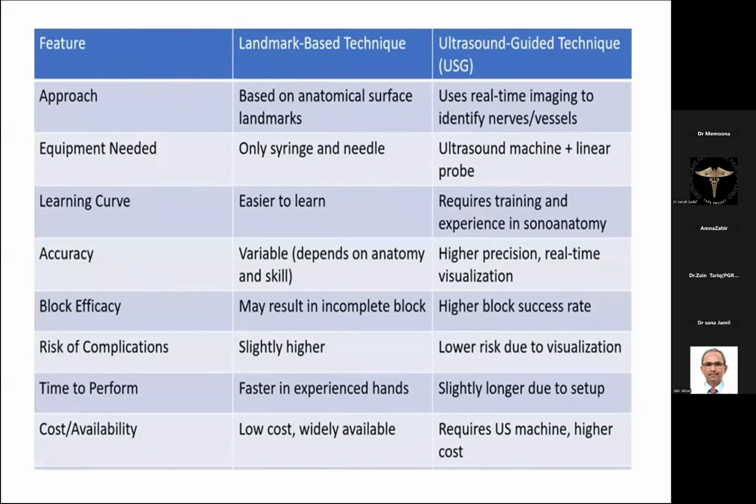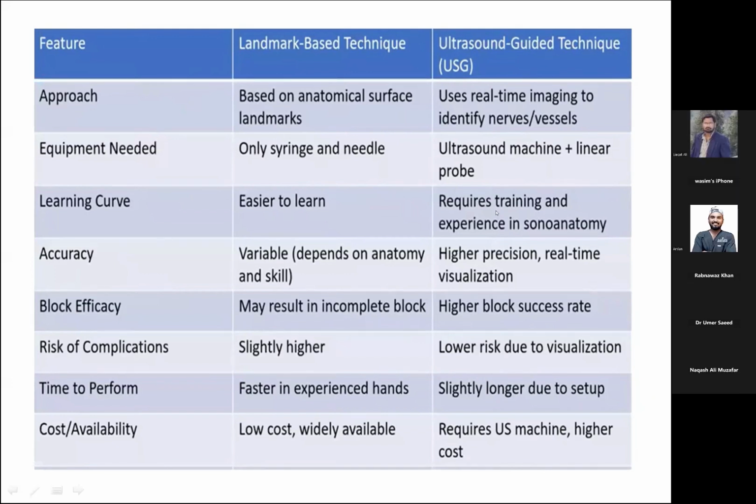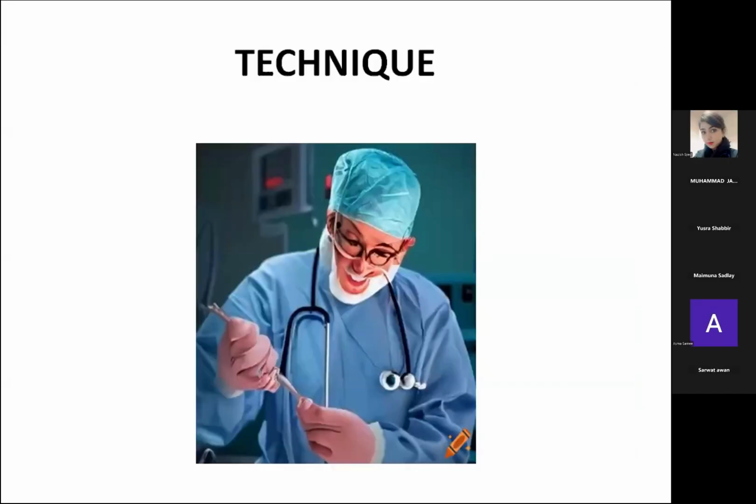It also requires a lot of training and experience in sonoanatomy. However, the higher precision and real-time visualization lead to higher success rates and a lower risk of complications. The block needs a little more time to perform under ultrasound guidance when compared with the landmark technique.